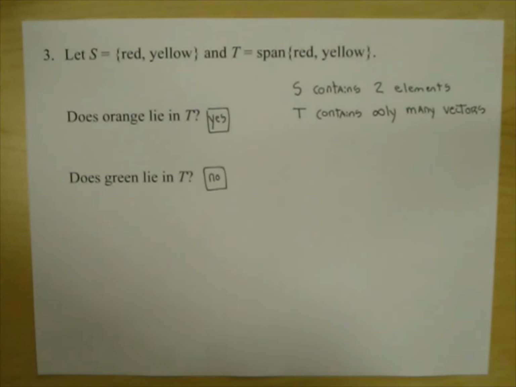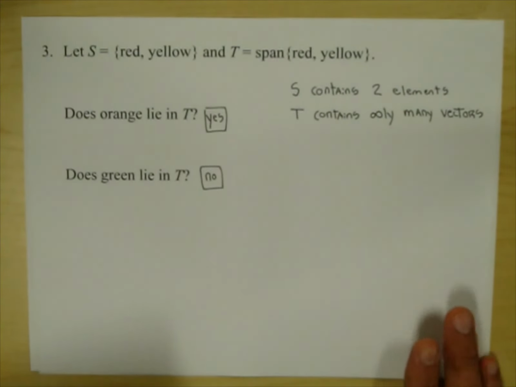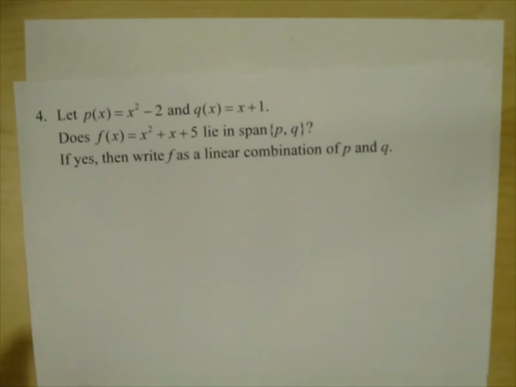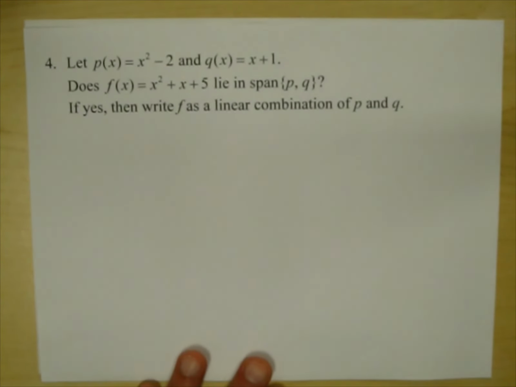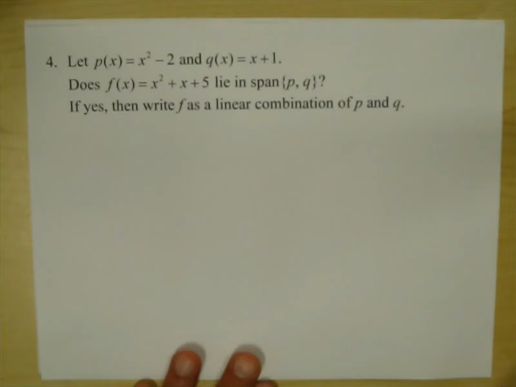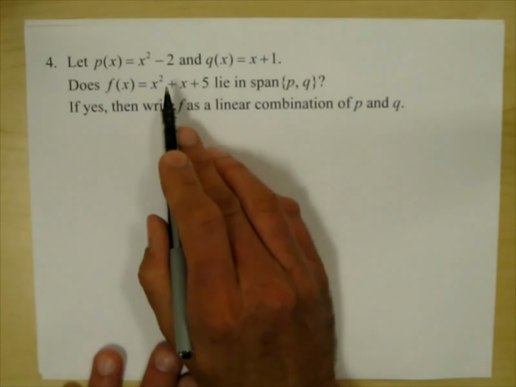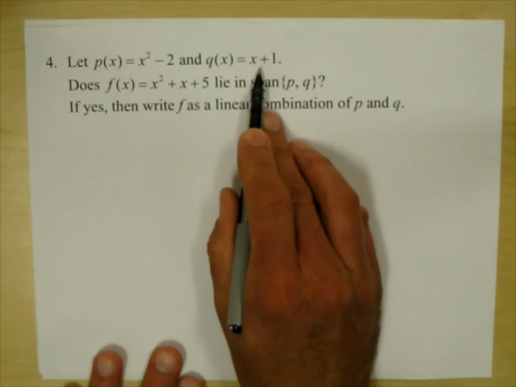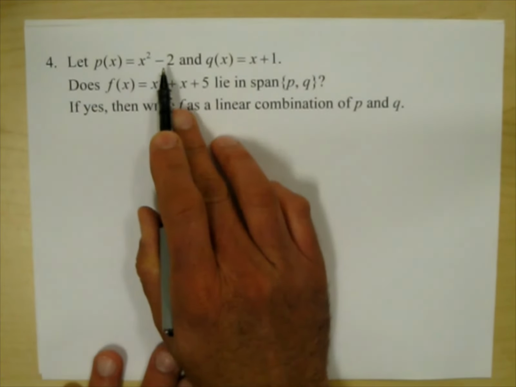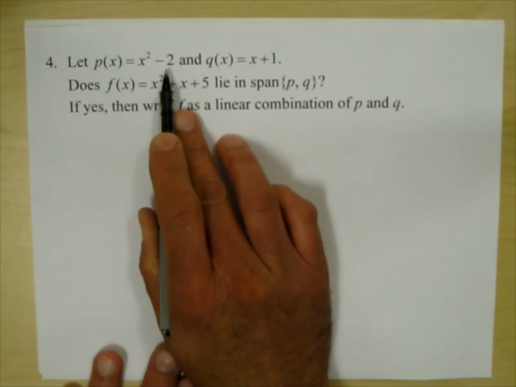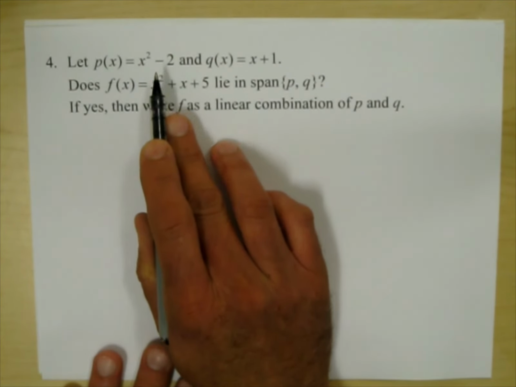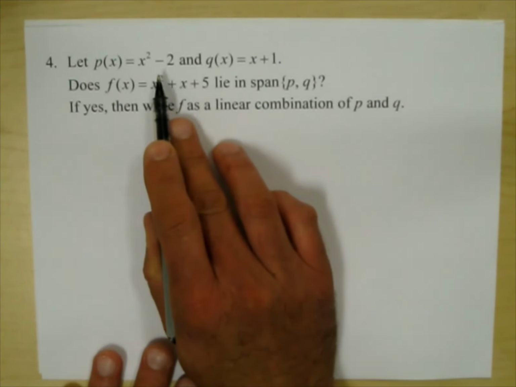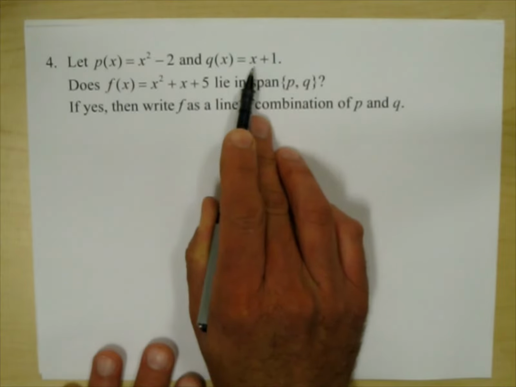Let's go do some more kinds of examples that you'll see in your homework. We're going to go ahead and look at example number 4. Let p be x squared minus 2 and q be x plus 1. So those are 2 vectors, and we can say the vector space maybe is P2, which is polynomials of degree 2 or less, but we don't have to say that to do this problem.